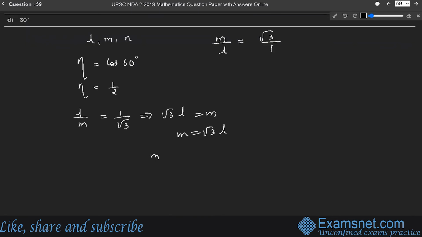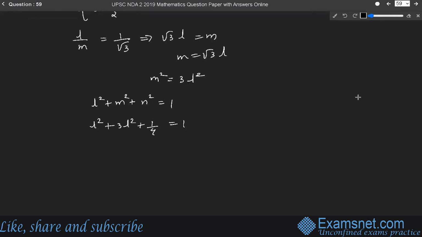Therefore, M square is equal to 3 into L square. We also know that L square plus M square plus N square is equal to 1. So L square plus 3L square plus 1 by 4 is equal to 1. Therefore, 4L square is equal to 1 minus 1 by 4. So 4L square will be equal to 3 by 4. L square will be equal to 3 by 16.